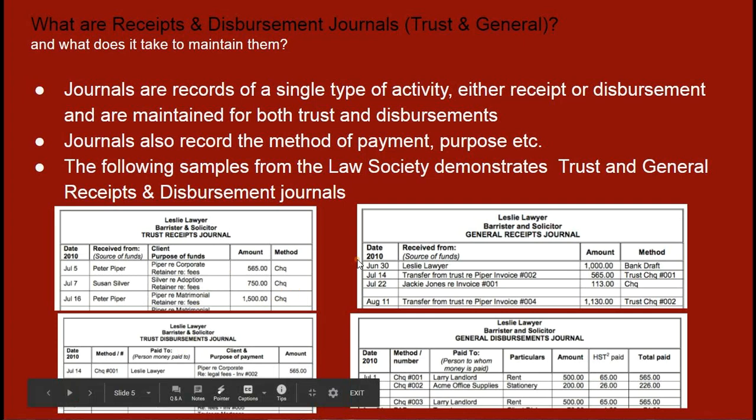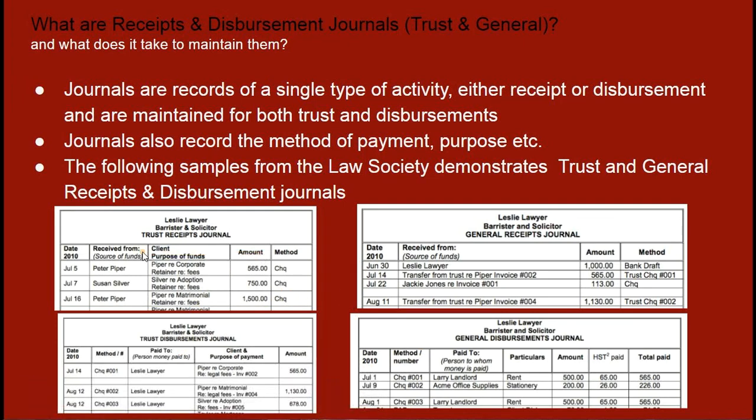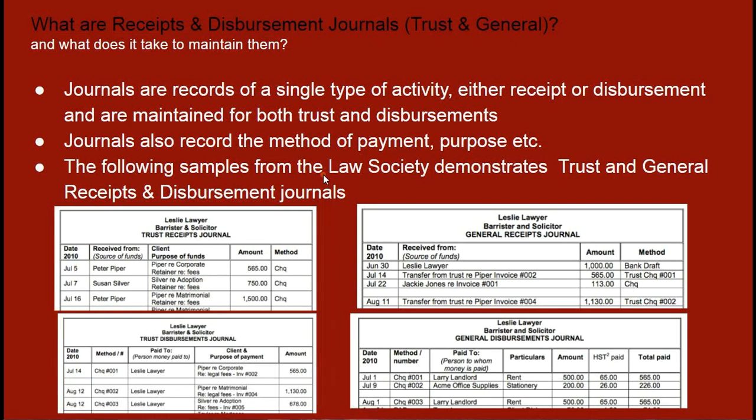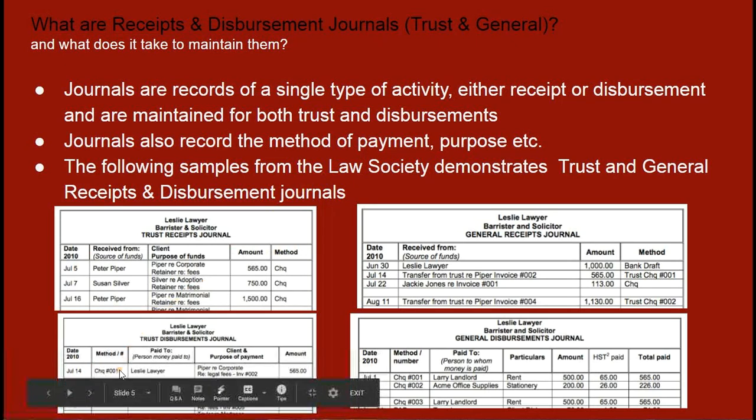There's also the disbursements journal. Just like how you have a trust receipt journal, you now have a trust disbursement journal, so a journal for the money leaving the trust account. And if you notice, on July 14th, when you paid yourself by doing that eligible trust transfer, a check was written.